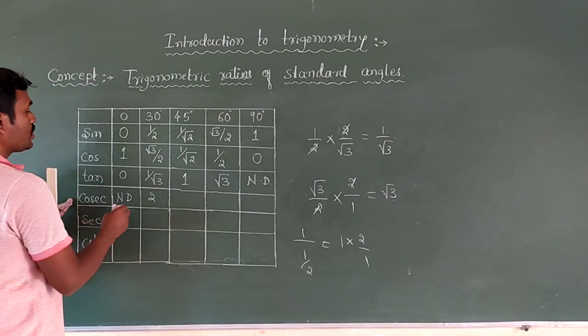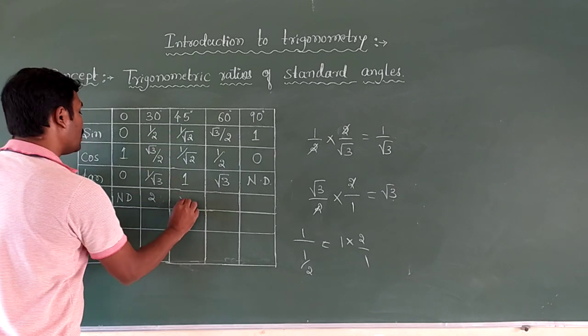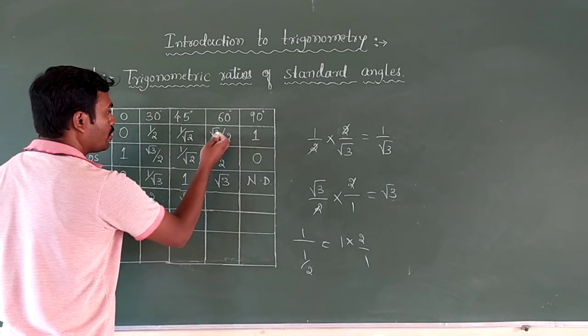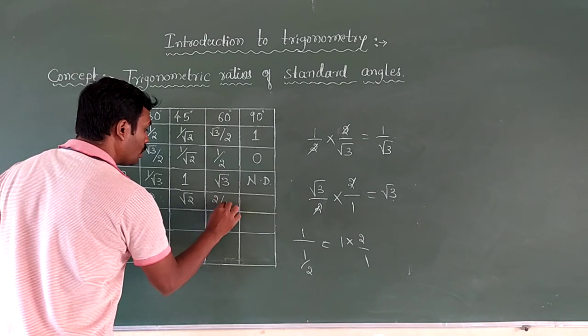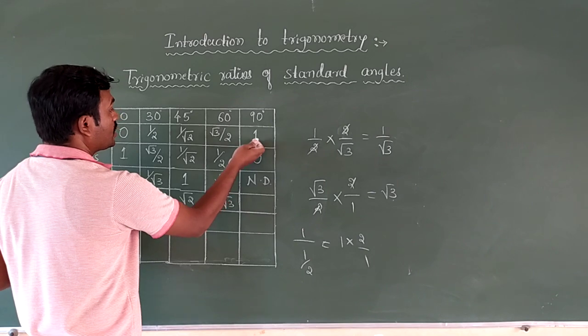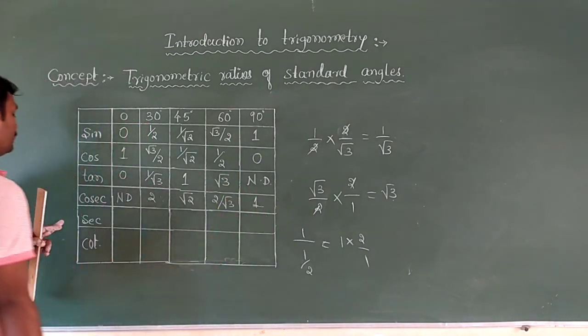Cosec 45 is the reciprocal of this one, root 2. Cosec 60 is the reciprocal of this, 2 by root 3. And cosec 90 is the reciprocal of 1, which is 1.